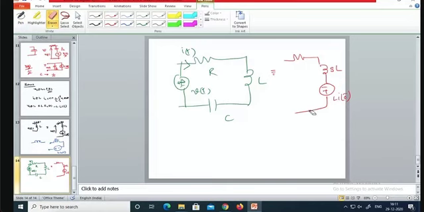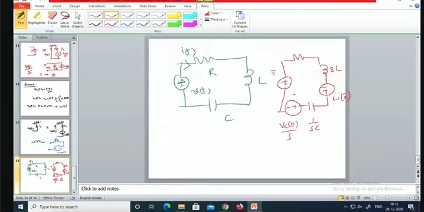And next, this is nothing but the capacitor branch. It has to be replaced by 1 by SC, and that has to be replaced by voltage source, it is VC of 0 by S. That's all. So apply the same voltage, the same voltage is V by S. Understand?